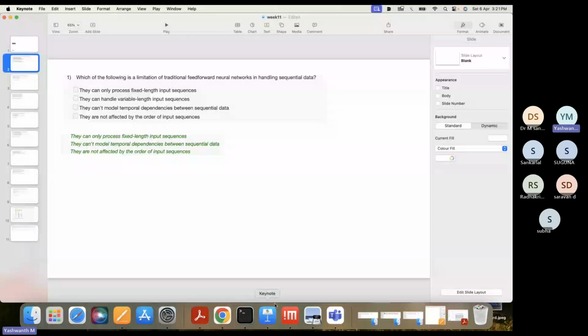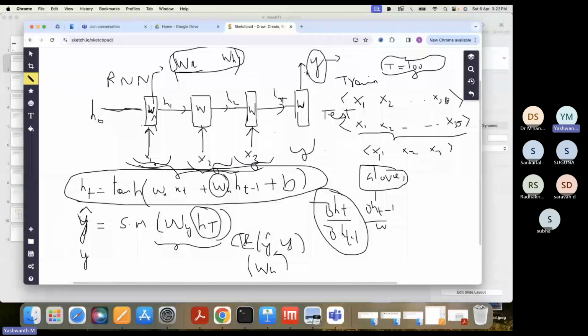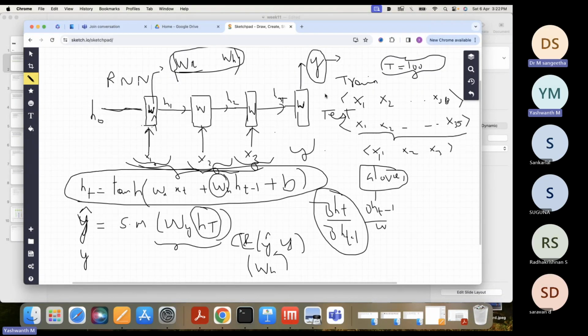At the end of the day, you will have a loss function that is parameterized by some W's. In this context, it is WX and WH. So, whatever I have given you, right? If you are doing the many to one, such as sentiment prediction, some movie review, you have y hat as what you predict.